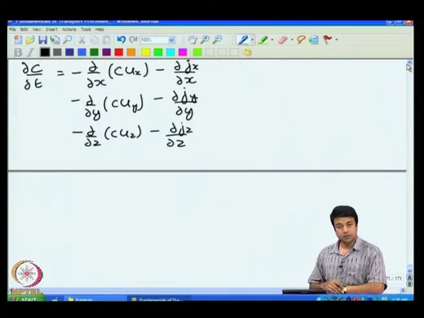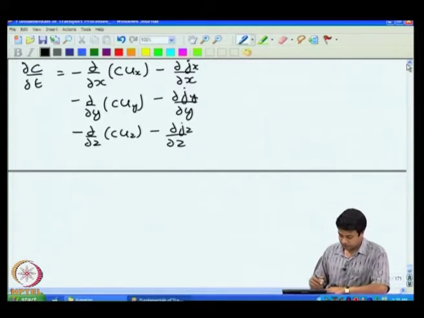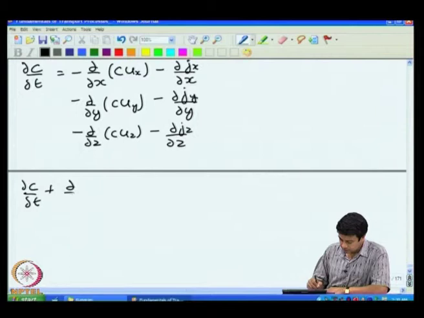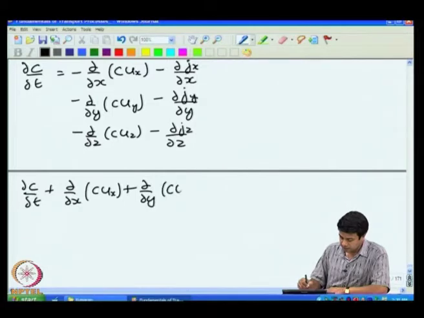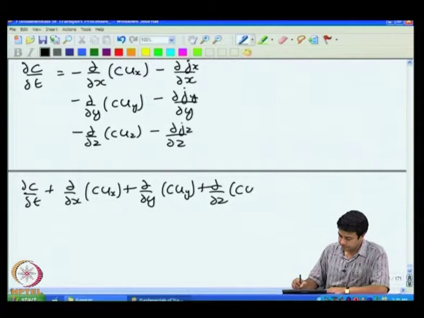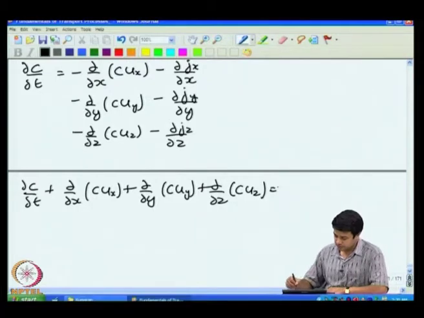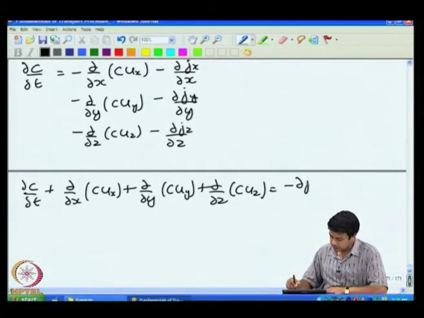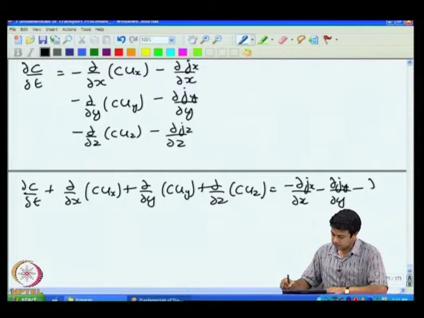I can put this equation in a more compact form, okay, dc by dt plus d by dx of C u x plus d by dy of C u y plus d by dz of C u z is equal to minus djx by dx minus djy by dy minus partial jz by partial z.